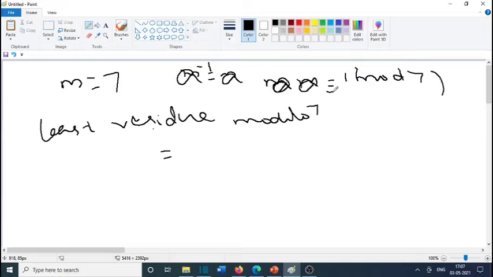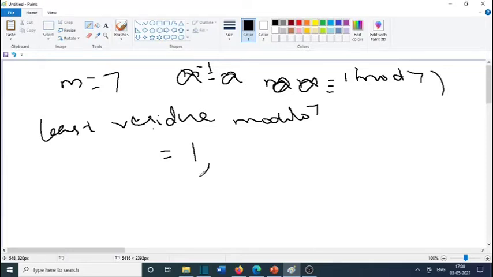So we have to check the numbers less than 7 such that a into a is congruent to 1 mod 7. First, 1 into 1, 1 minus 1 equal to 0, so it is congruent to 1 mod 7.